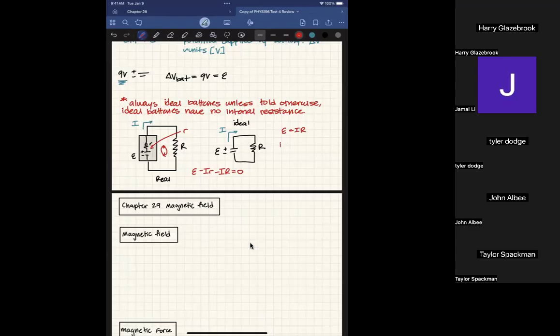So in the ideal case, the current equals EMF over R. For the real case, the current equals EMF over R plus little r. So none of the physics changed. All that happens is now we have an extra resistor in the system. That's all.